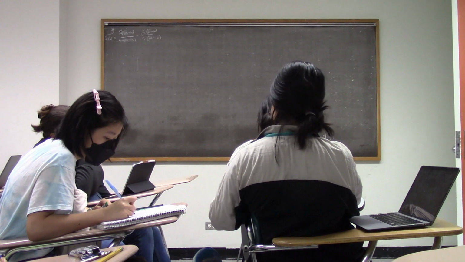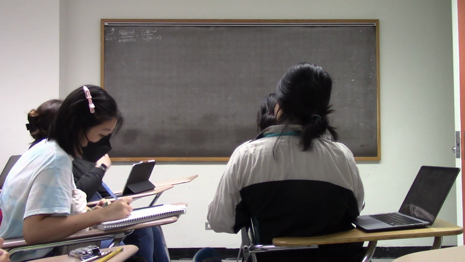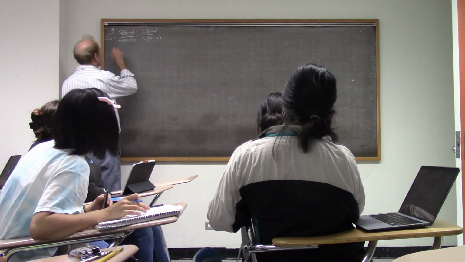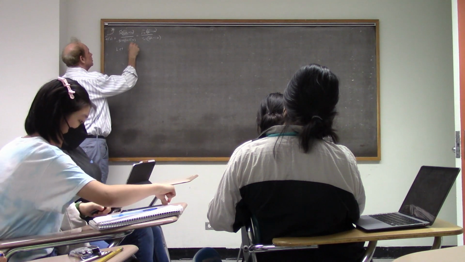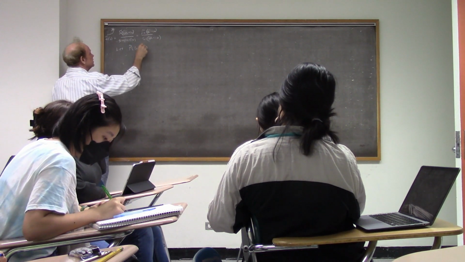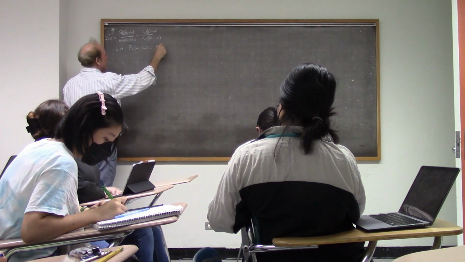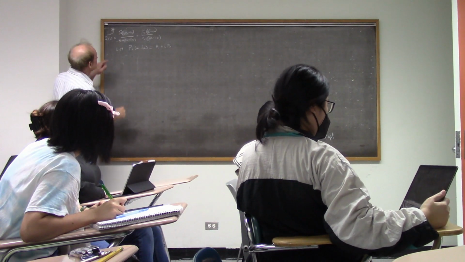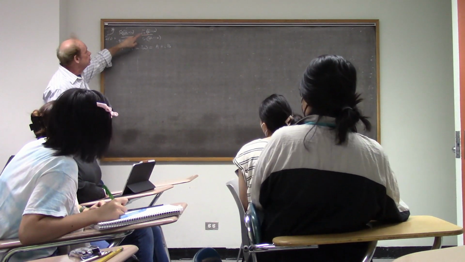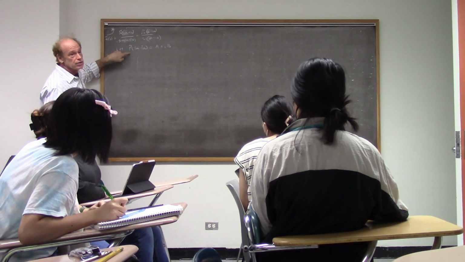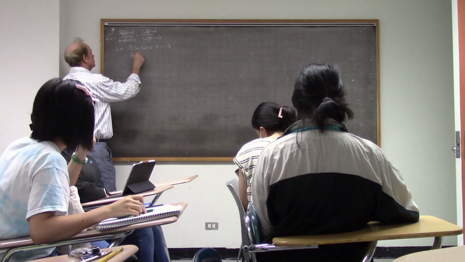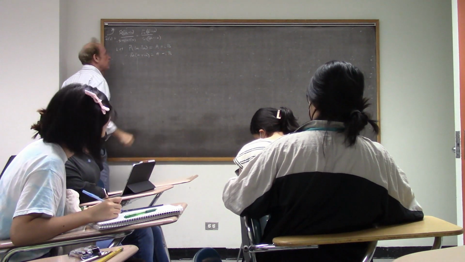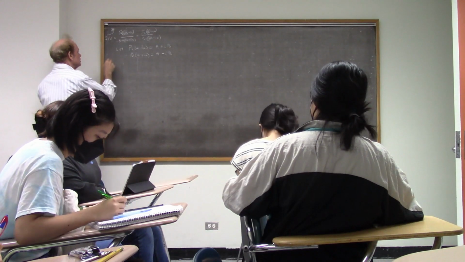So I'm going to let M tilde of alpha minus i omega, that's some complex number, be a plus ib, where a and b are just some real numbers. And since this is M tilde of z bar, M tilde of z is just the complex conjugate of this, a minus ib.